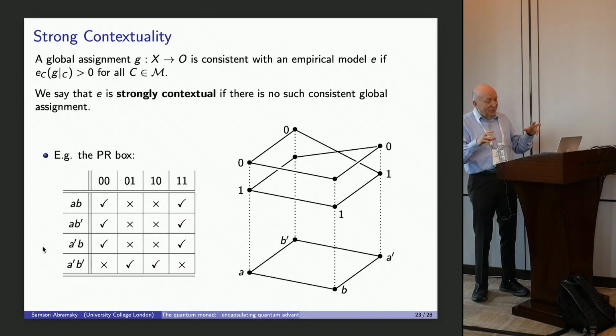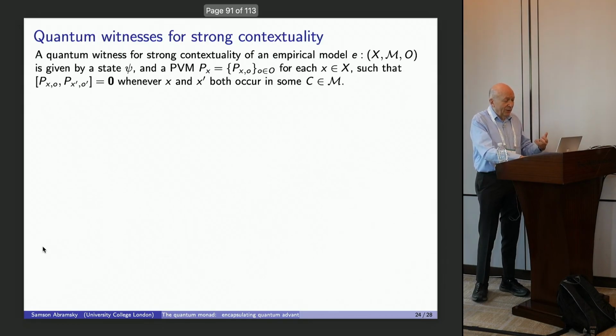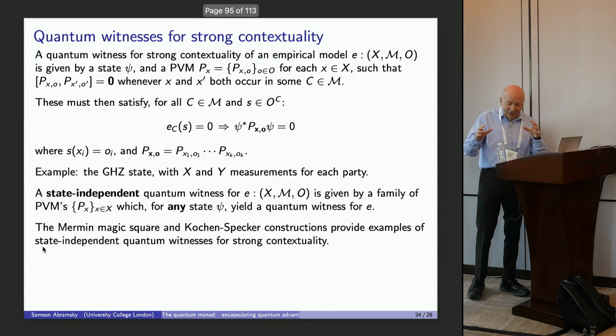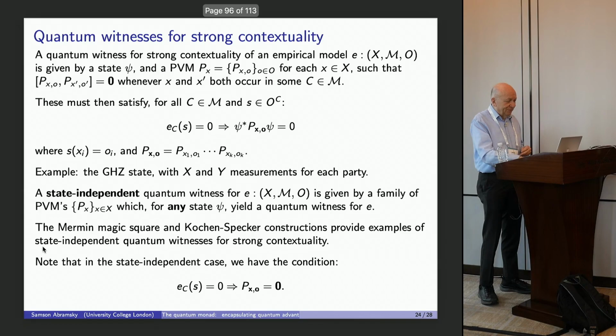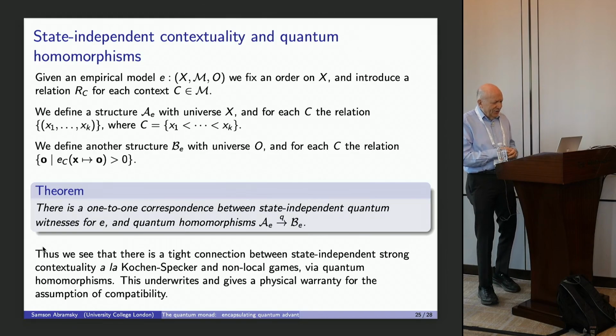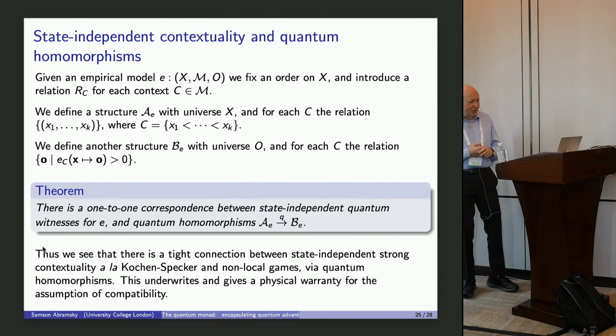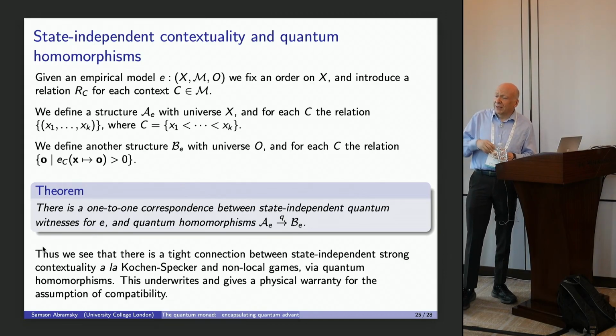So the absence of such a thing classically means that there's no classical solution, and where nevertheless we can realize all that structure in a quantum way, then we get a quantum solution. So what we get is a one-to-one correspondence between state-independent quantum witnesses and quantum homomorphisms. So again, we pick up all those examples from the literature of where we can demonstrate quantum advantage.